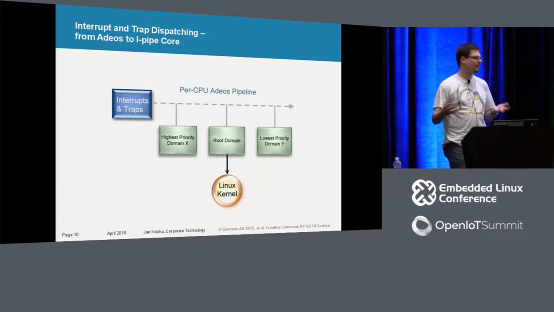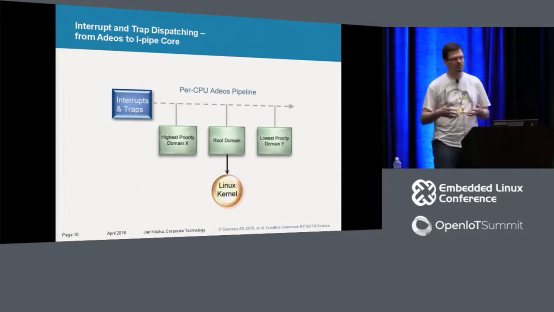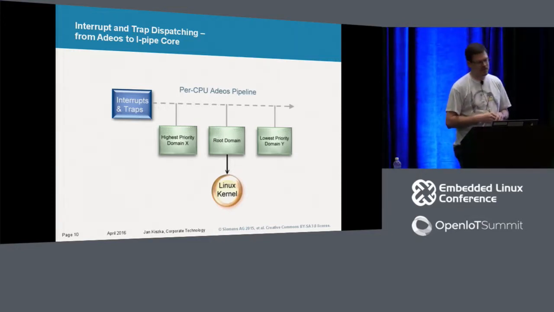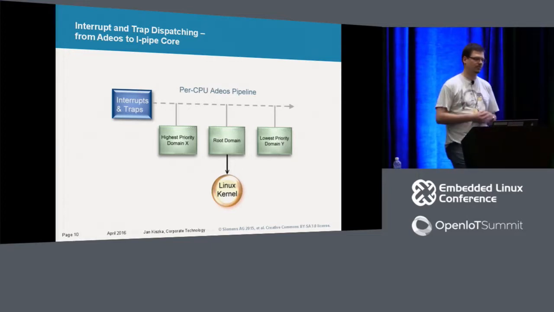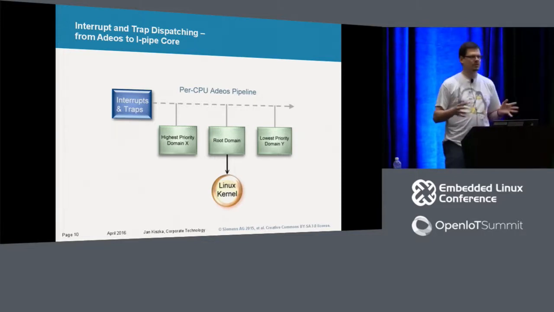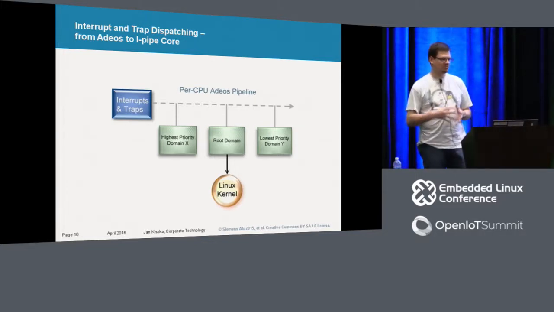So you have a priority in this chain. You deliver the interrupt, but also a trap, so any kind of other hardware events triggered synchronously, from the source through a chain of receiving sites, domains, and each domain can decide to take the event, consume it, or forward it, or even not subscribe to it. That's the original model behind it. Originally, there could be multiple domains.